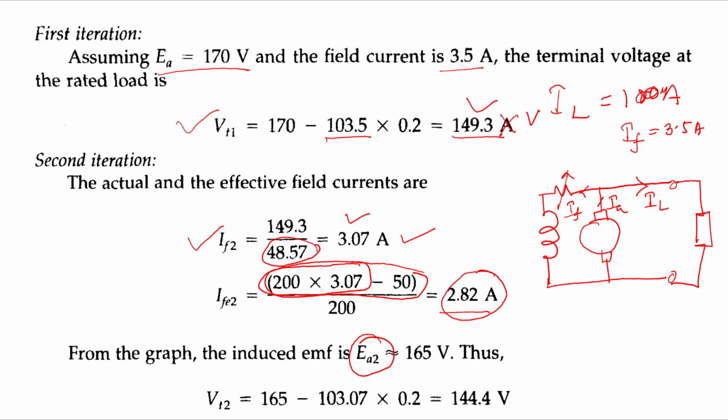Now the terminal voltage in the second iteration, VT2, will be 165 minus IARA, which gives me 144.4. We can see the variation. In the first iteration we got 149.3, whereas in the second iteration we are getting 144.4 volt, right? There is a 5 volt difference.